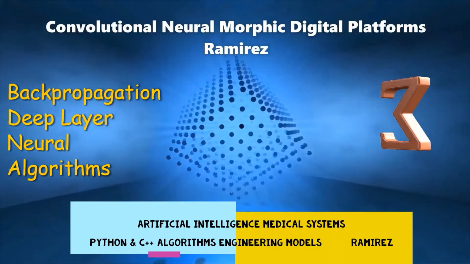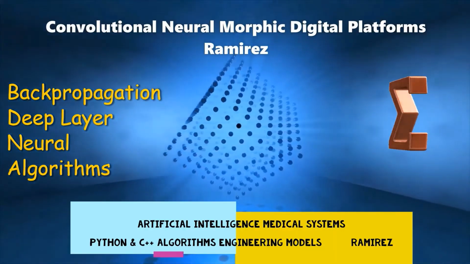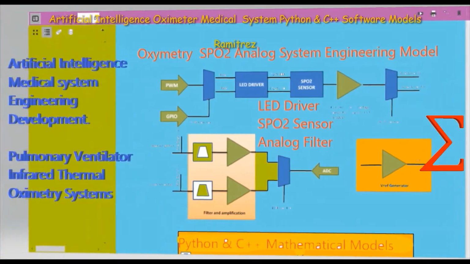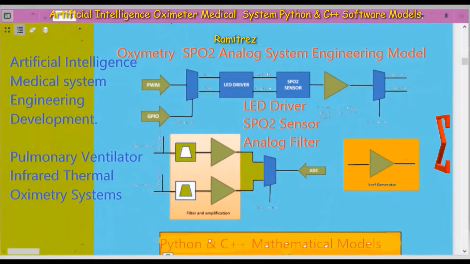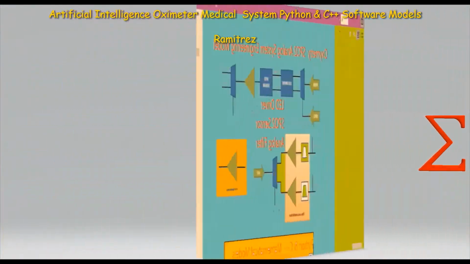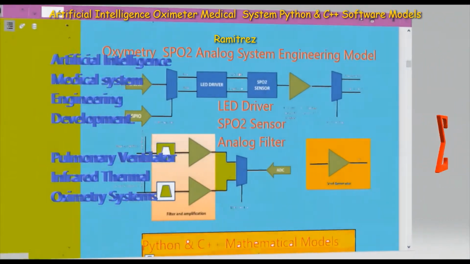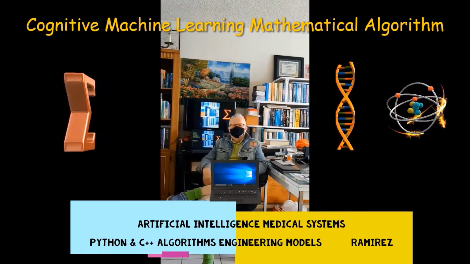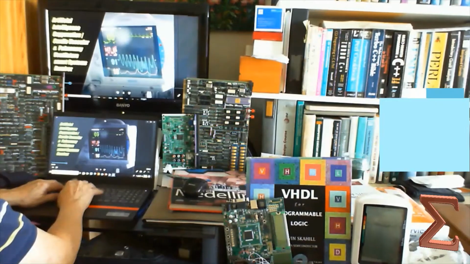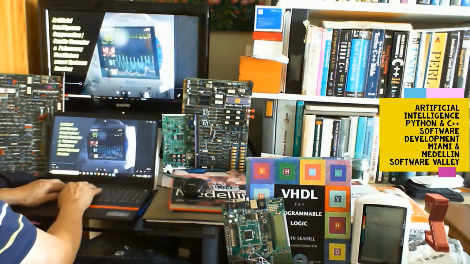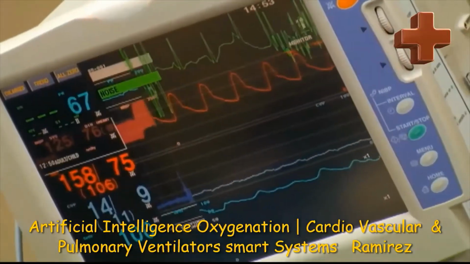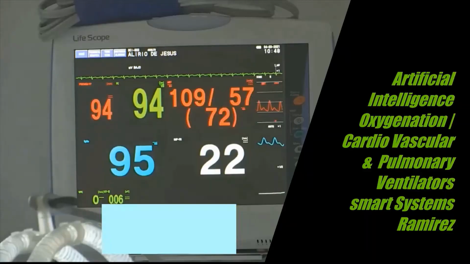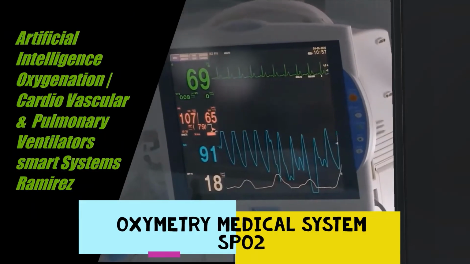The artificial intelligence pulse oximeter medical system sends data enabled by Bluetooth technology. The data is sent over the link to a laptop, desktop, or smartphone, thus giving the capability to display the information.